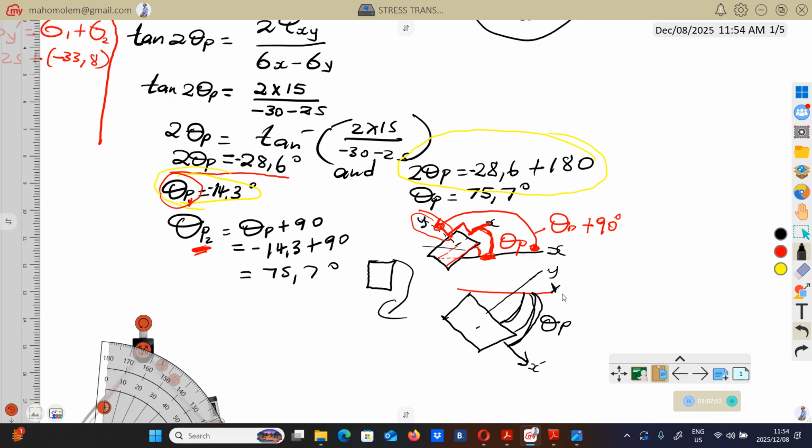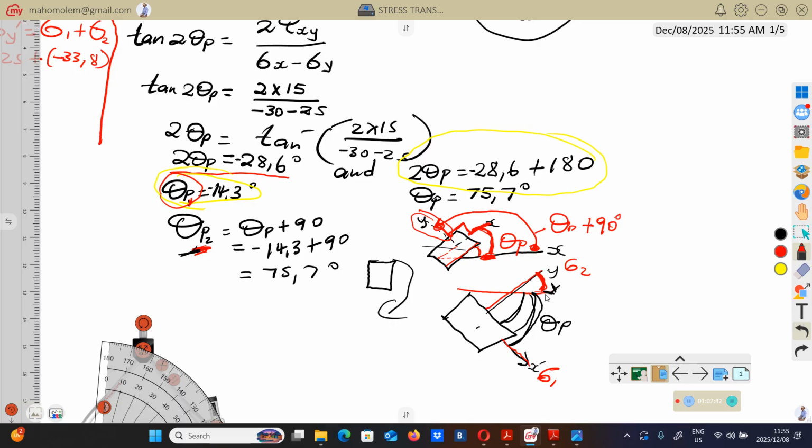So now that other angle, just this one, is going to be the angle from this to this other plane or to this normal stress here. Remember those stresses, maybe principal stress 1 is this one, principal stress 2 is this one.